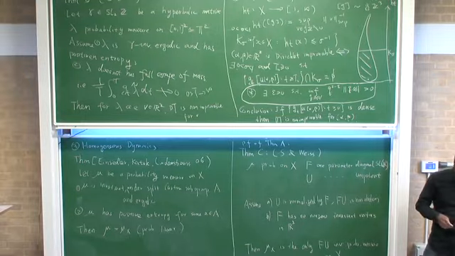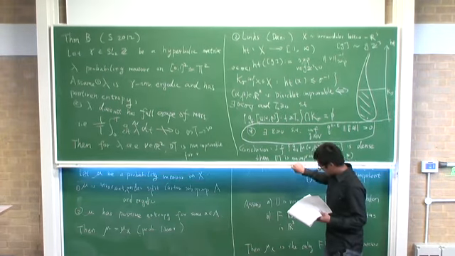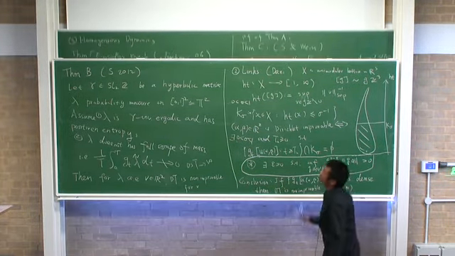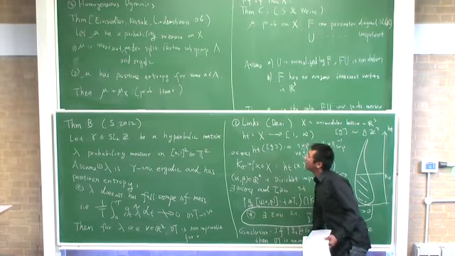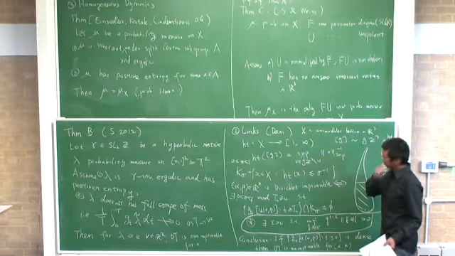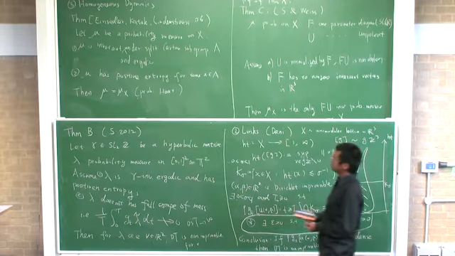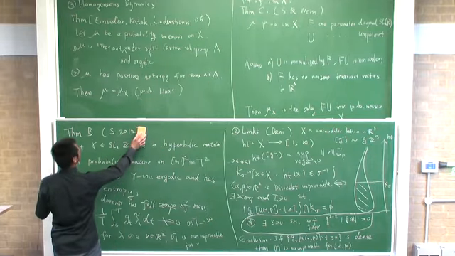So basically, this theorem says the following: unipotent invariance plus non-escape of mass implies equidistribution.